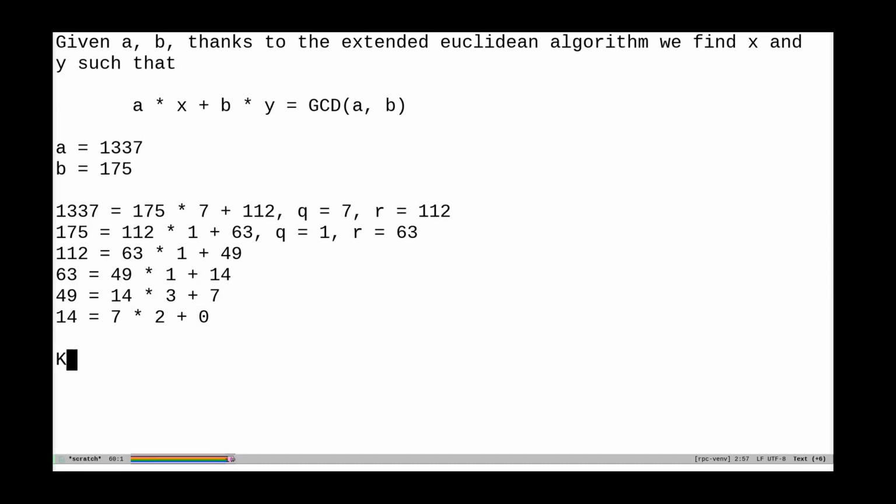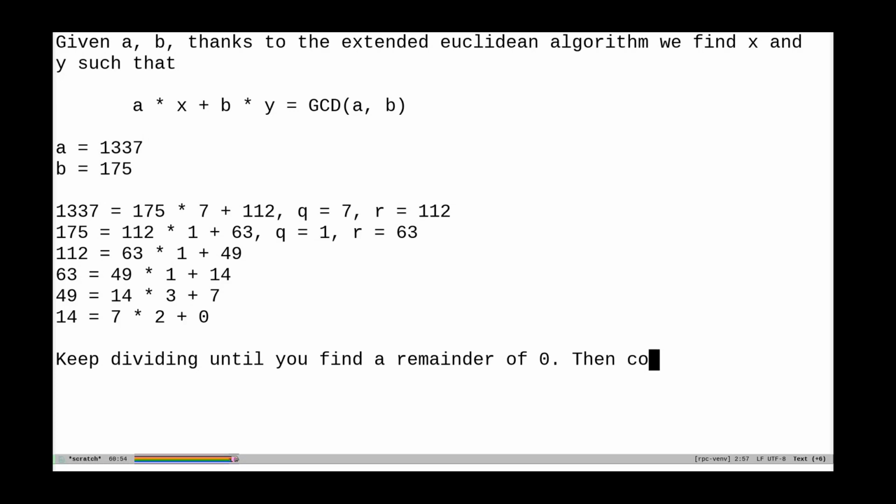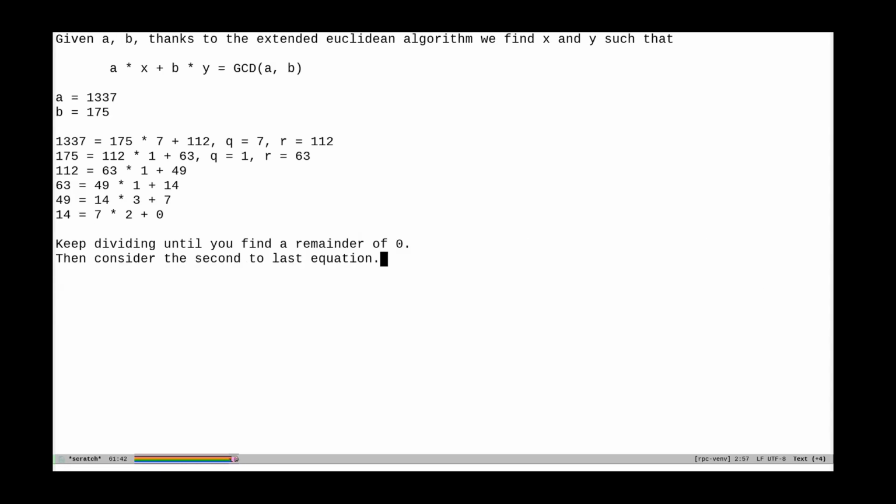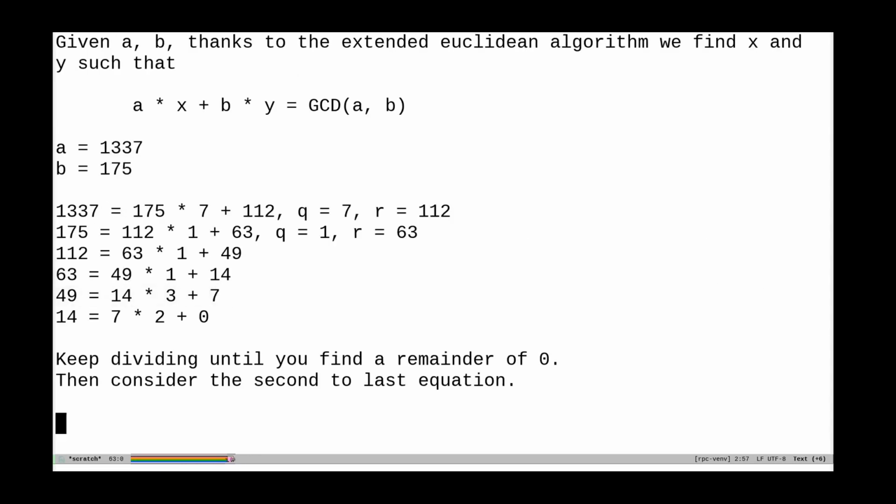Keep dividing until you find a remainder of 0, then consider the second to last equation. In this equation, we have found the GCD of our numbers, which is 7. The GCD of 1237 and 175 is 7.